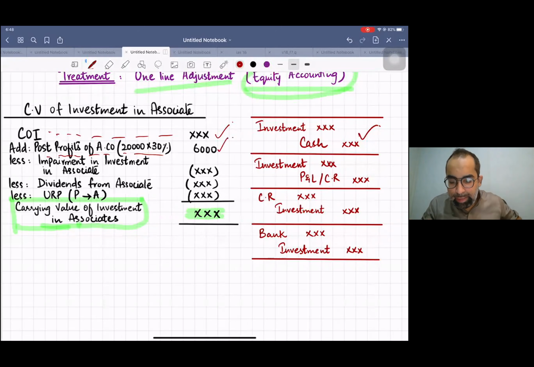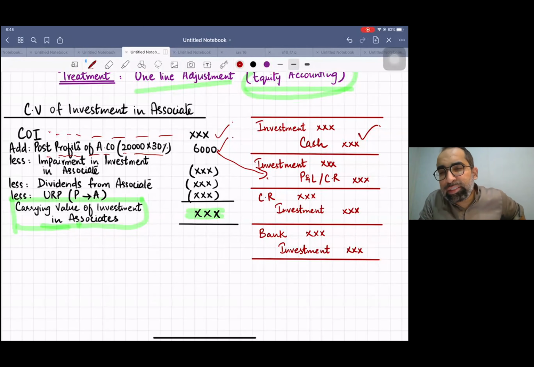Now, before I tell you the entry, listen, let me use some historical words. Equity accounting is basically equity. What is equity accounting? In equity accounting, the other company's profits become your income, multiplied by your share. Your share you can book as an income.